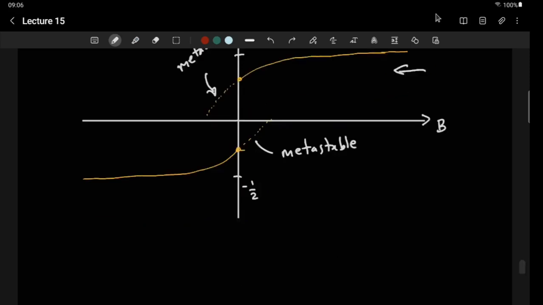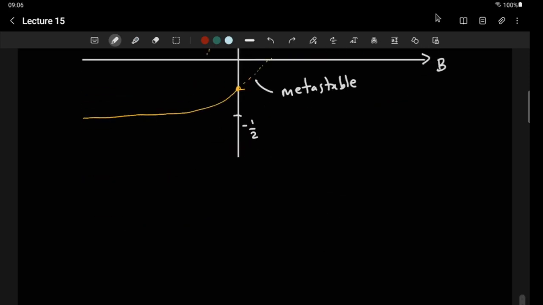Actually, here is a numerical exercise for you.